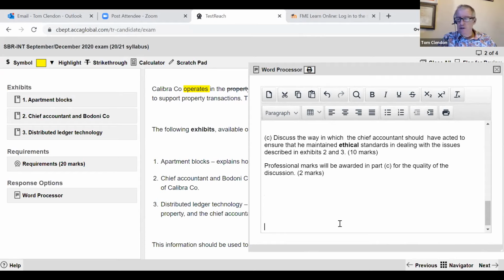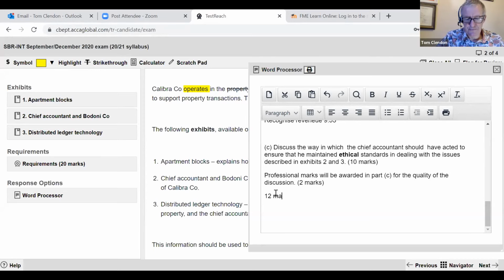With that multiple, I'm looking at 22 minutes for 12 marks. It is 21 minutes past, so that is 43 minutes past the hour.